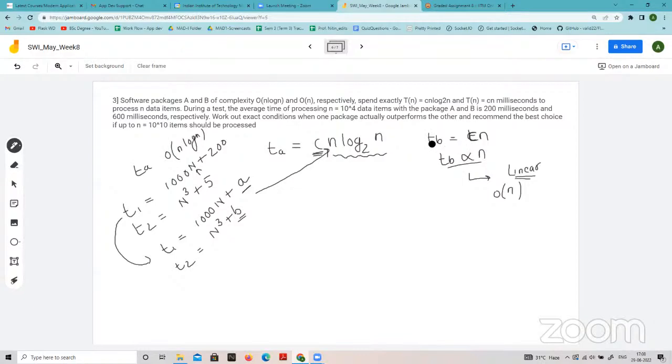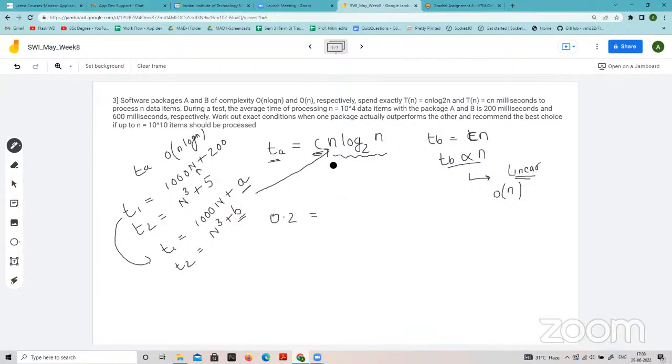So what is the information given? Let us simply put it in the equation. We are processing 10 raised to power 4 items, and the time for that is 200 milliseconds. So I can simply write 0.2, I'm writing in seconds.